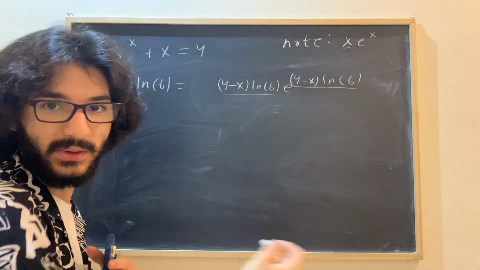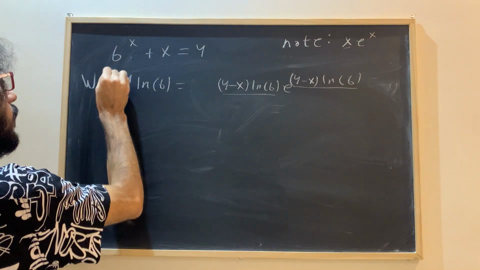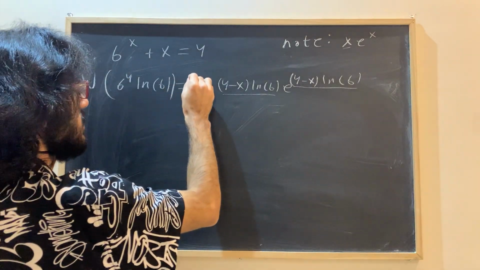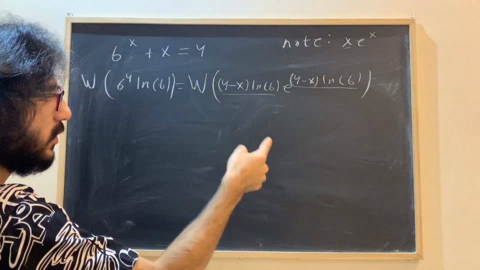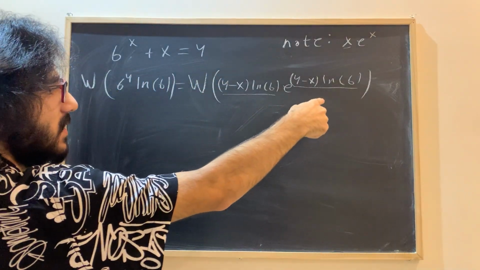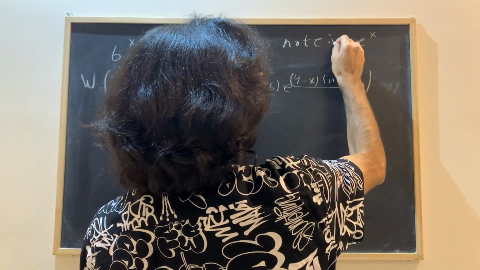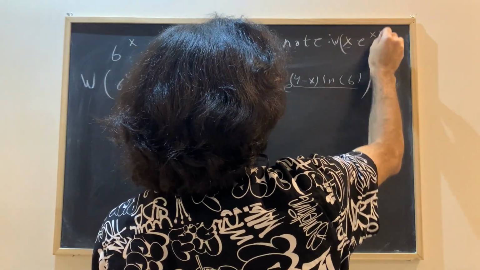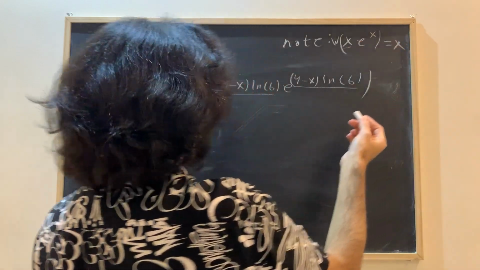So now we use the Lambert W function. We use it on both sides, obviously. And we know that this is an inverse of this form, so when we use the Lambert W function on this, it gives us x. It gives us this.